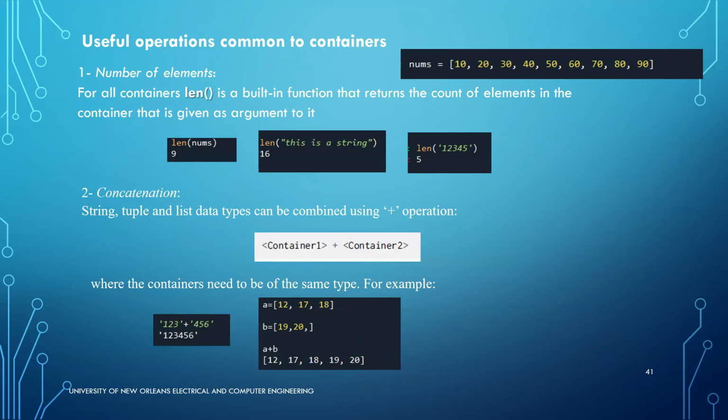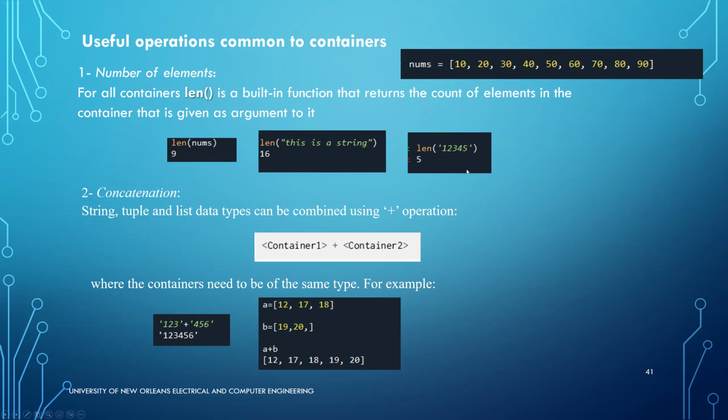Okay, some other useful operations common to containers. Again, we're going to use nums as our example here as the list. The first one is the number of elements. If you want to know the number of elements on the list, we can use this built-in function len, with parentheses.